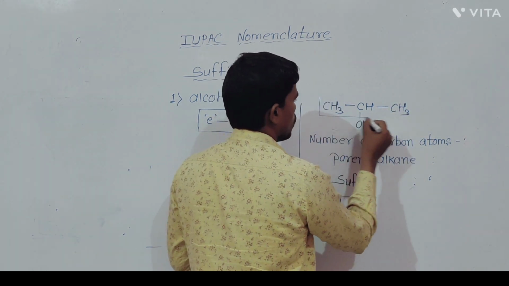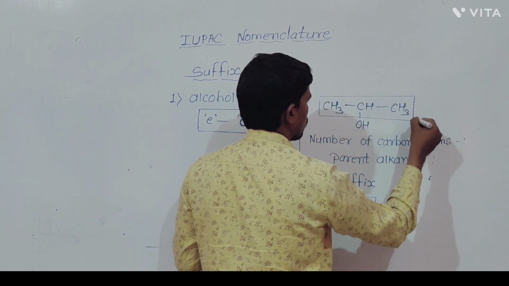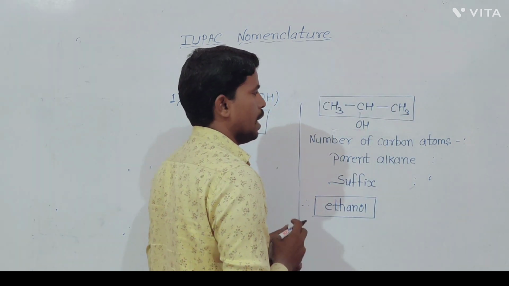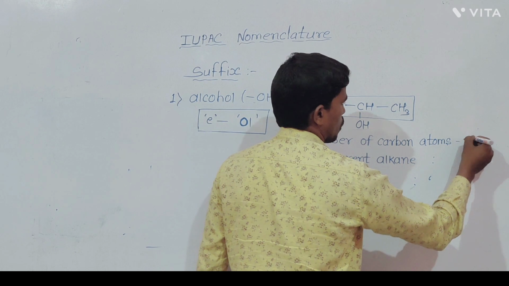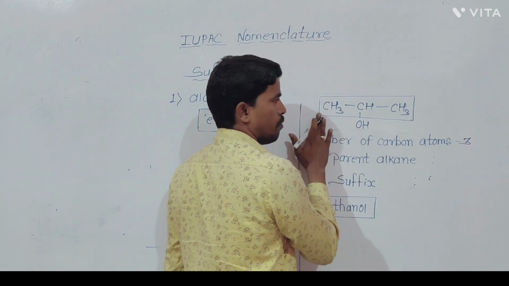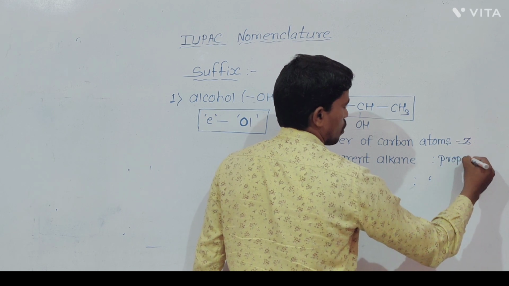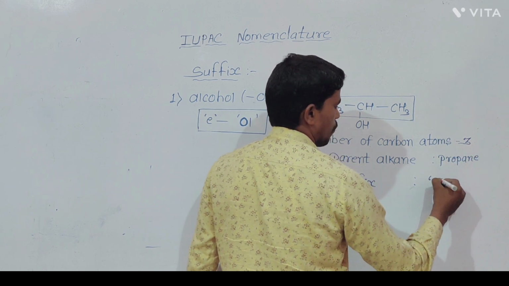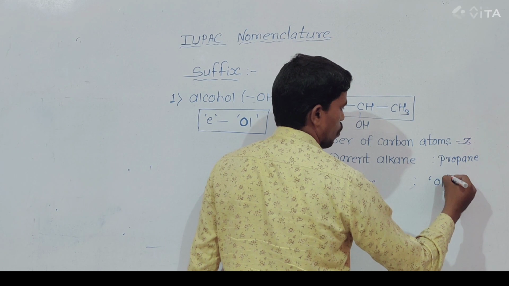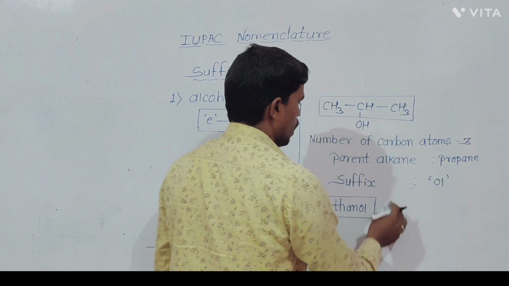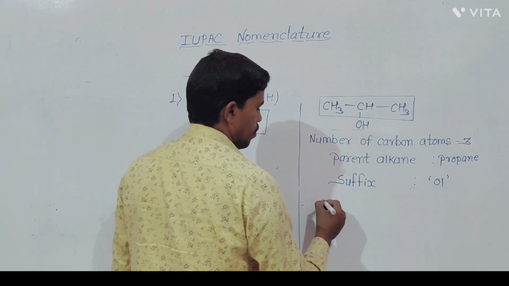Select the longest continuous chain of carbon atoms. Here the number of carbon atoms is 3. The parent alkane is propane, and we should use the suffix OL for OH.